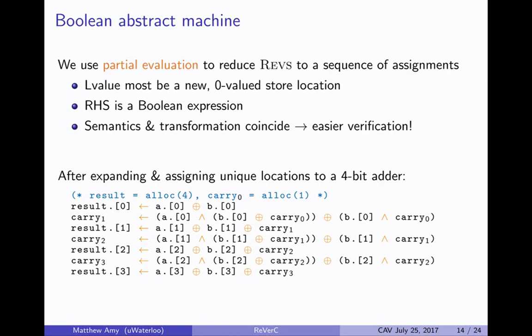But the reason we did it as partial evaluation and not just an SSA transformation is that it unified the semantics with the transformation. That reduced one of the things we'd have to verify. We do the transformation just as we do the interpretation of the language.